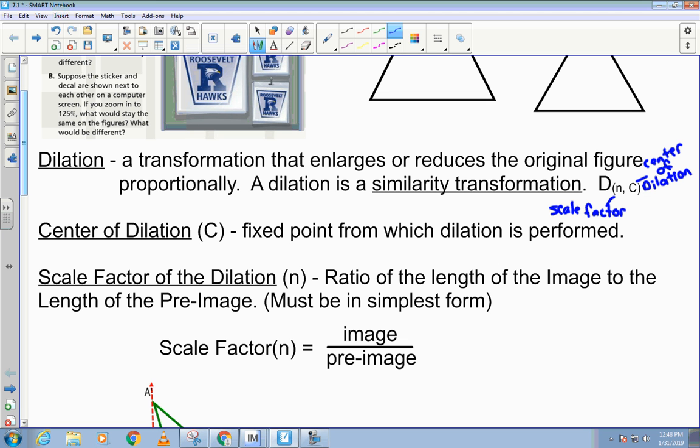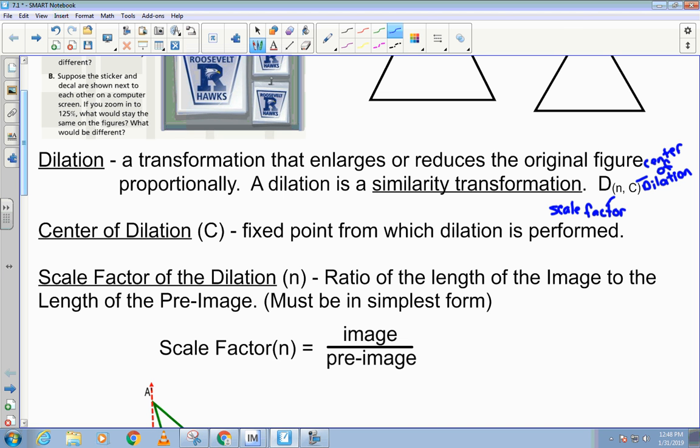The center of dilation is the fixed point from which the dilation is performed. When I was showing you that one, when I was making it bigger or smaller, that would be that point.